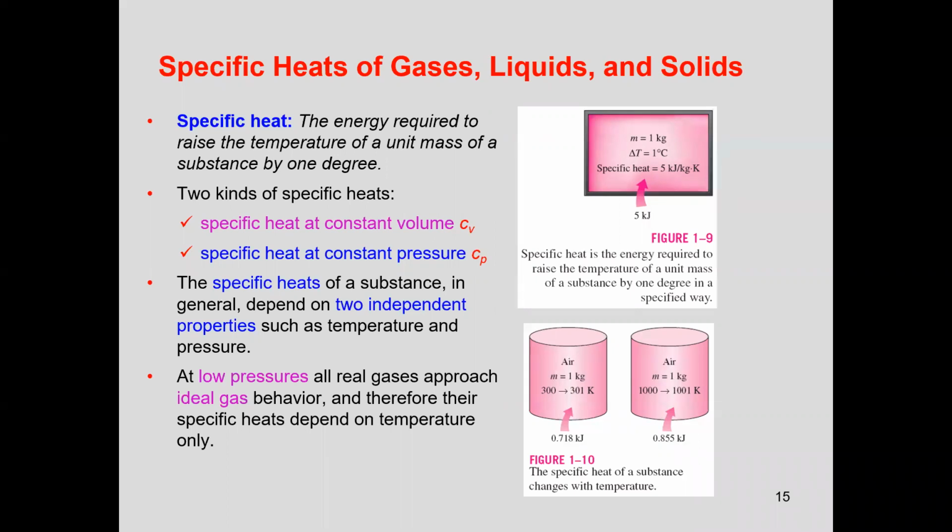The specific heat of a substance in general depends on two independent properties, like temperature and pressure. That is why you have two specific types of specific heats, and we'll learn about the relationship between them. At low pressure, all real gases approach ideal gas behavior, and therefore their specific heat depends on temperature only.